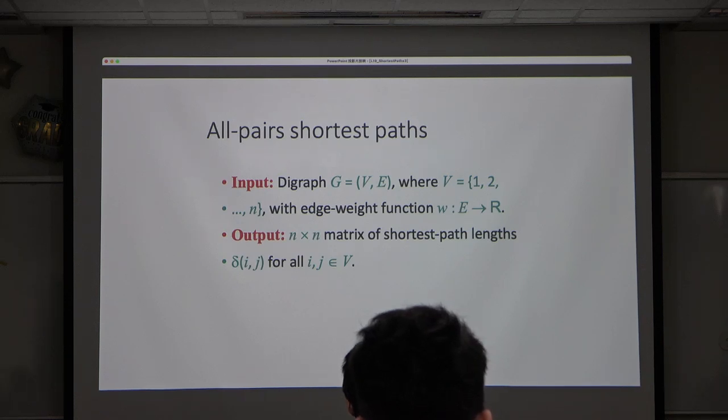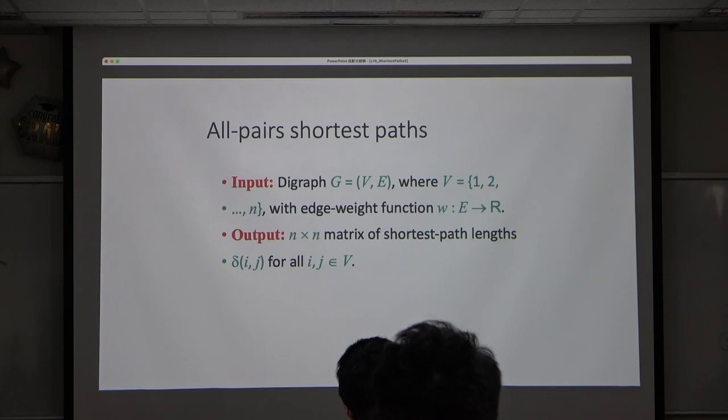Because it's a directed graph, the shortest path from Vj back to Vi will obviously be different, which is represented by Aji. It should be different from Aij. I just want you to understand that.